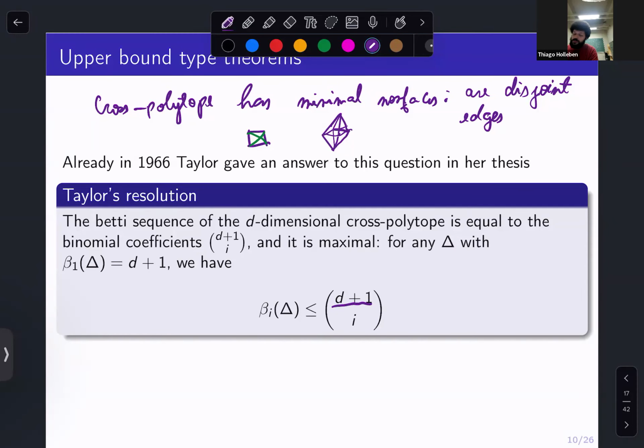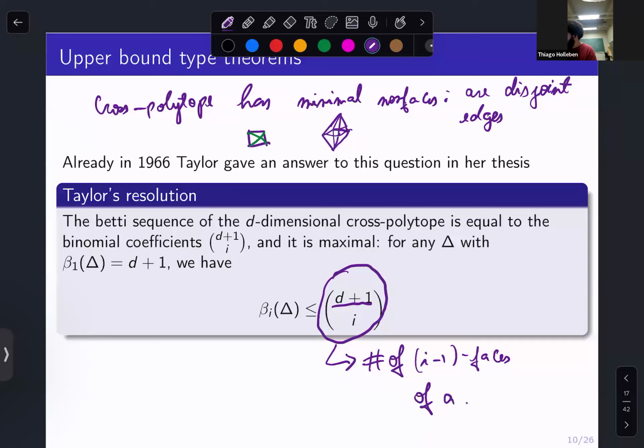And what she also showed is that if you take any complex where the beta 1 is equal to d plus 1, that sequence is going to be bounded above by the binomial coefficients. And the way I want to think of this from now on is as the number of i minus 1 faces of a simplex.